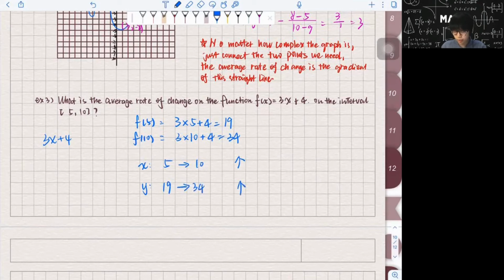It's increasing as well. So the average rate of change is positive. And the specific amount is 34 subtracts 19 over 10 subtracts 5 equals 15 over 5 equals 3. And this is the final result.